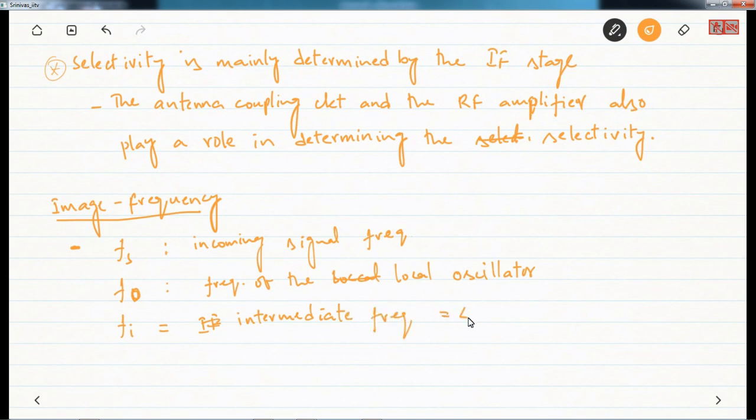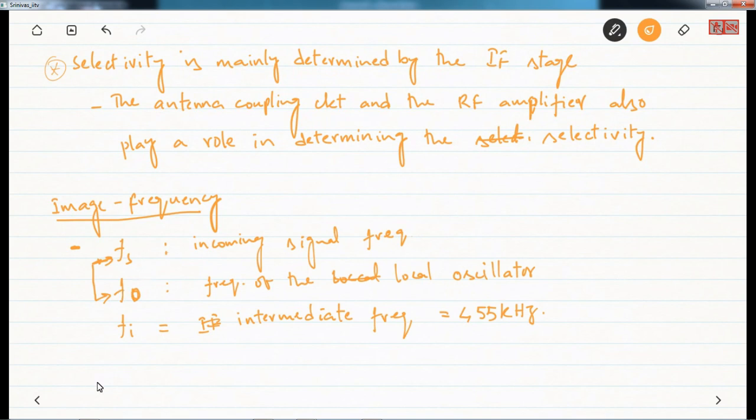Which is 455 kilohertz. Right? So when Fs and Fo are given to the mixer, the output will have Fo minus Fs, Fo plus Fs, and Fo and Fs.